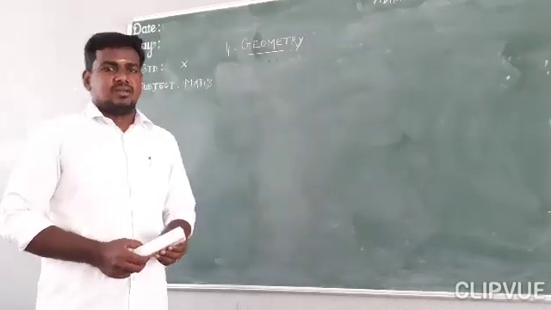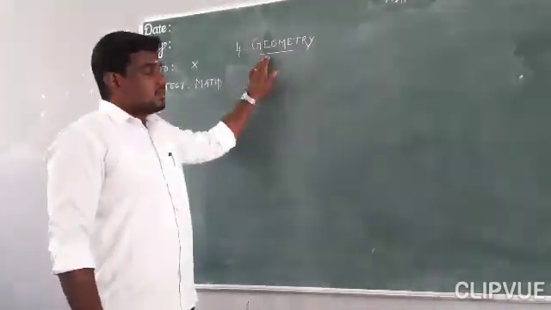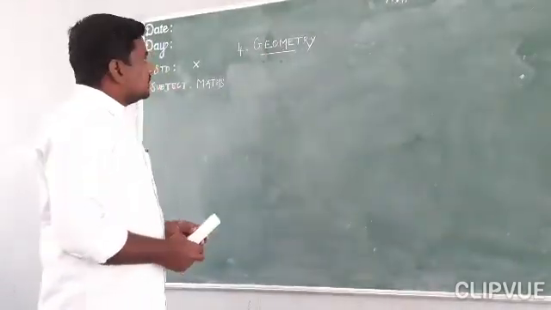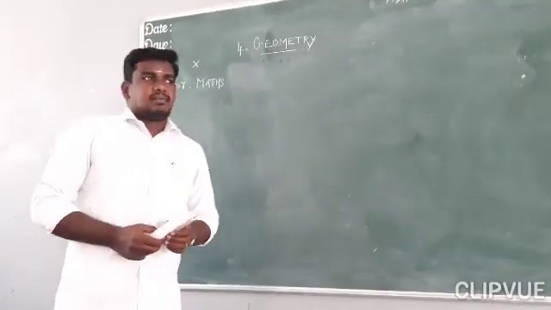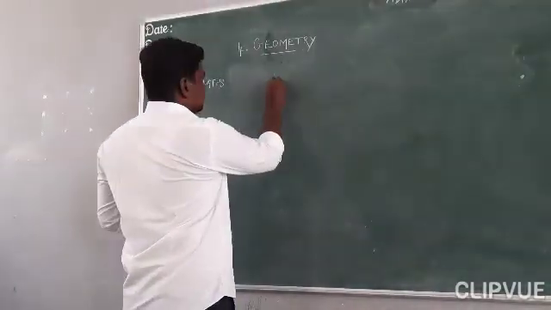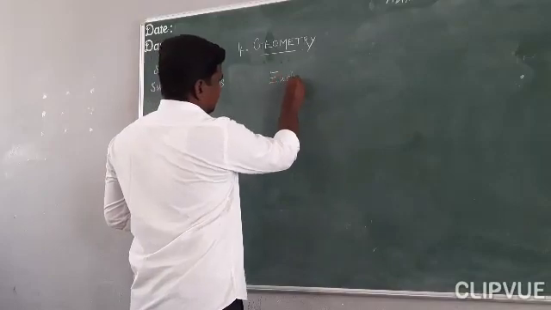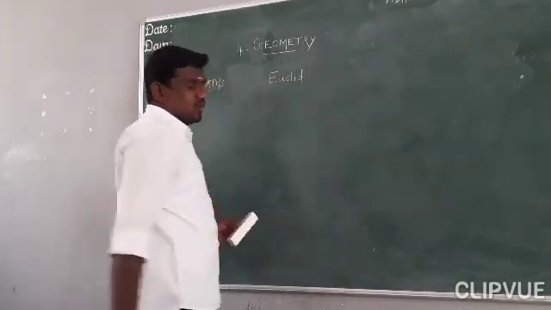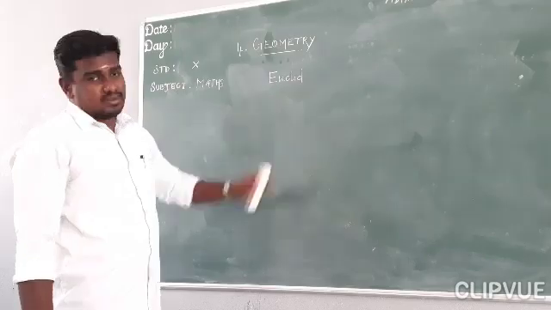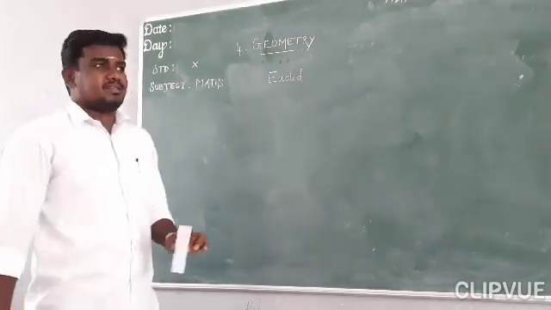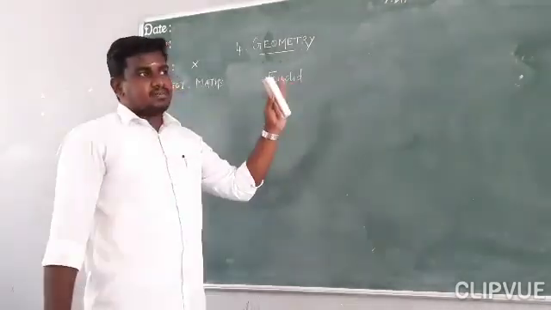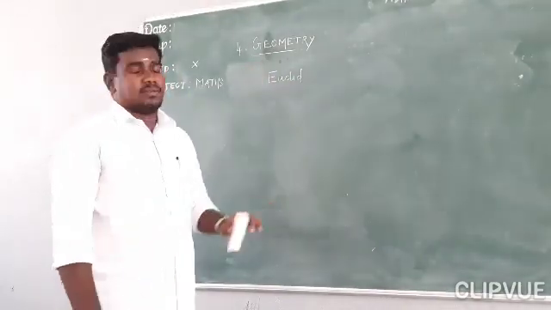We are going to start a new chapter, geometry. Euclid is known as the father of geometry. Why? What is the reason? His contribution is more about the topic geometry.